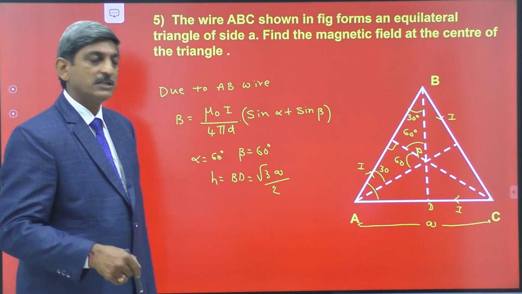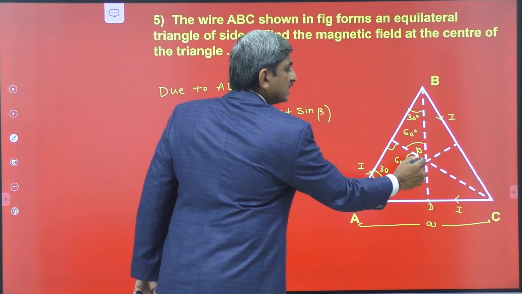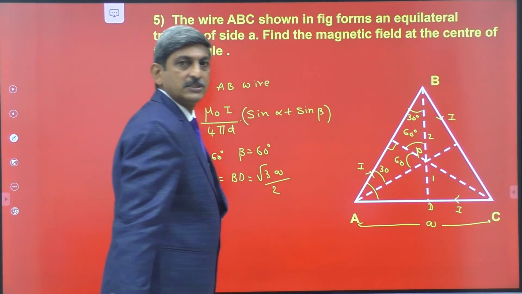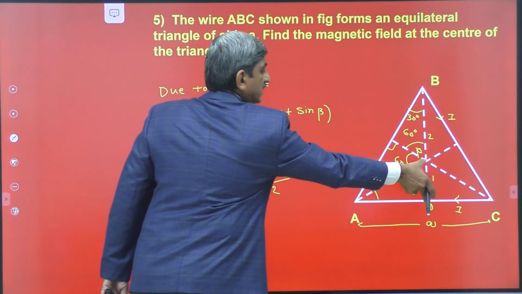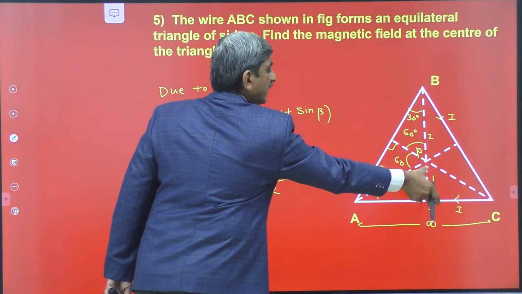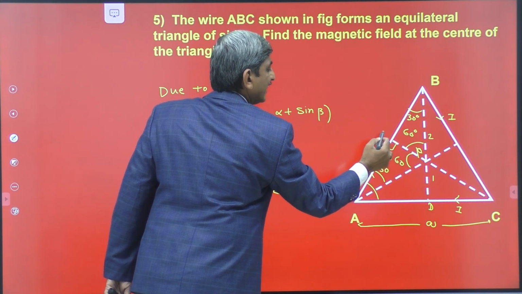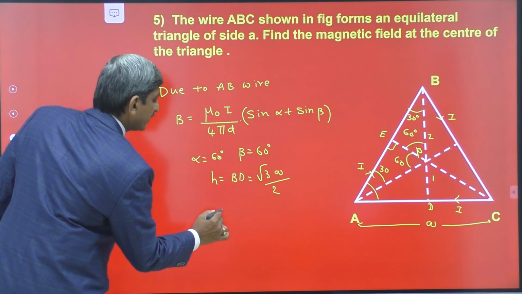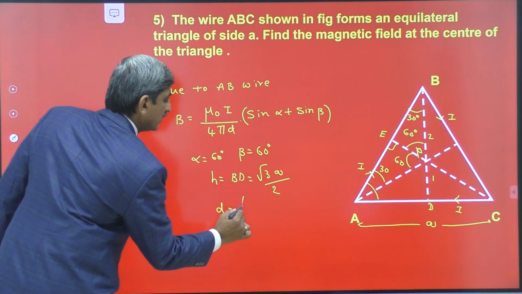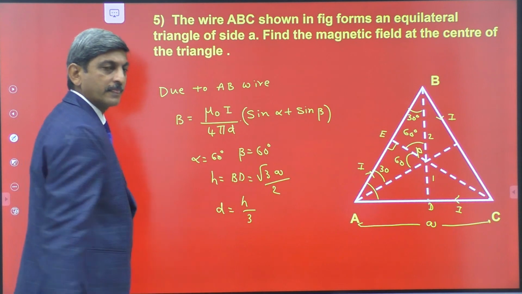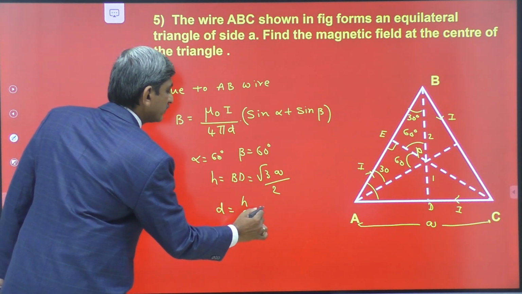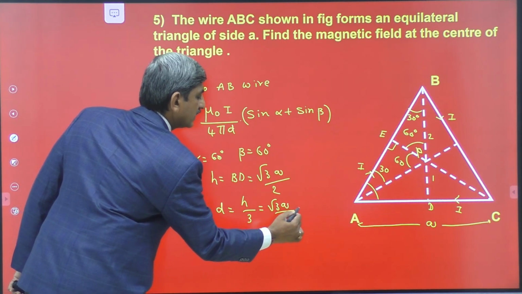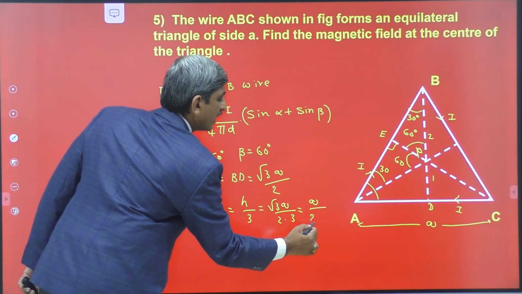You already know that the centroid divides the median in the ratio of 2:1. So using that concept, the distance dP, which is nothing but this EP, is equal to the perpendicular distance of the centroid from the side, that is given by D is equal to H by 3. By substituting this H value in this equation, we have root 3 A by 2 into 3, that is equal to A by 2 root 3.